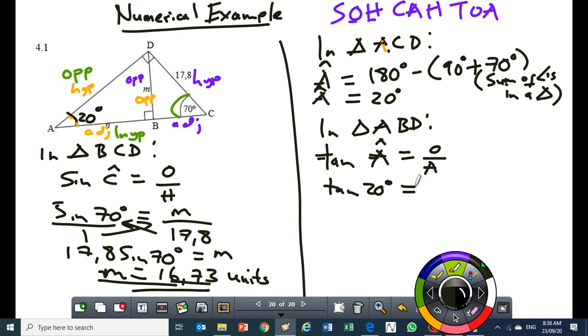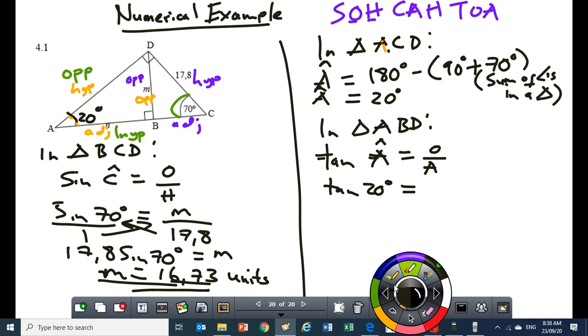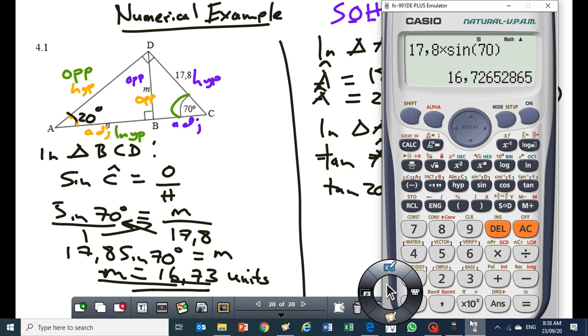Now I suggest that we use the original one which was not rounded off. I think we've got that on the calculator. That's the one that I'm going to use.